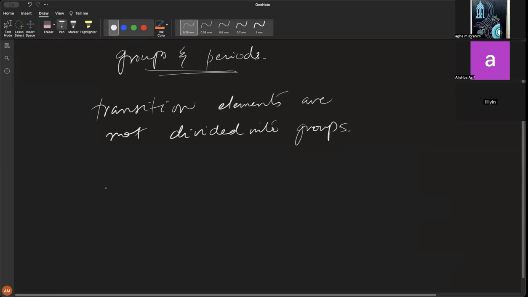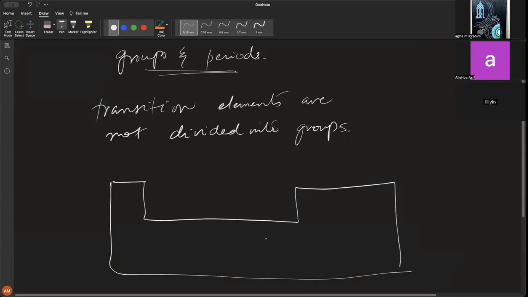If you look at the periodic table, it is generally something like this, in which you have groups 1, 2, then 3, 4, 5, 6, and 7, and then 0, or you can say 8.